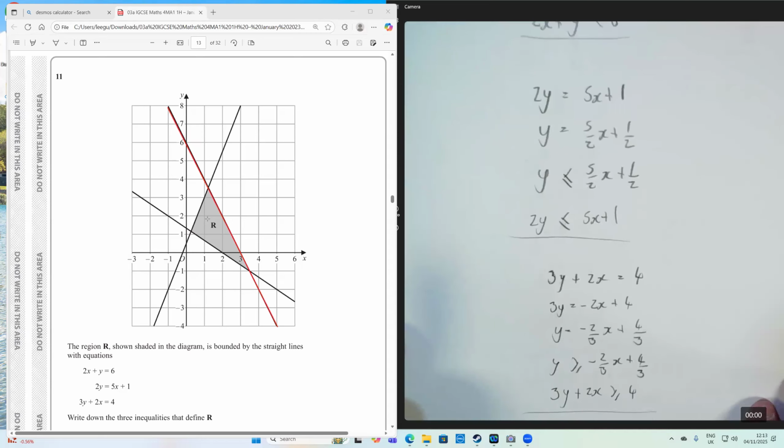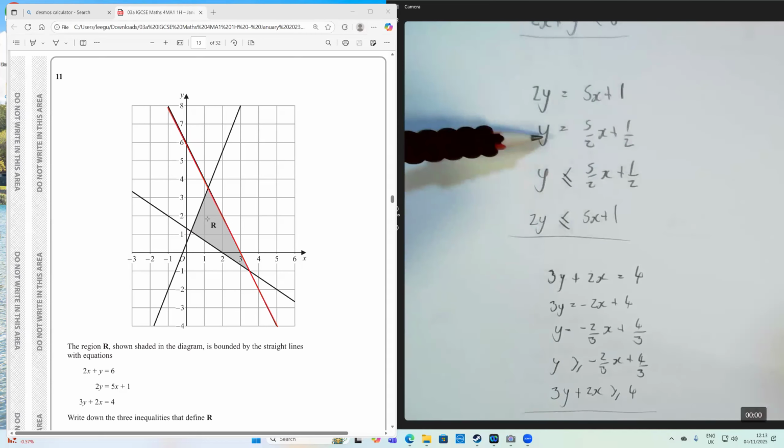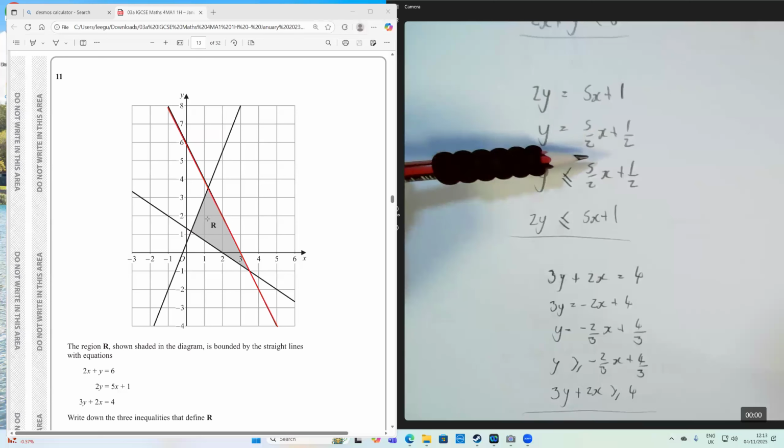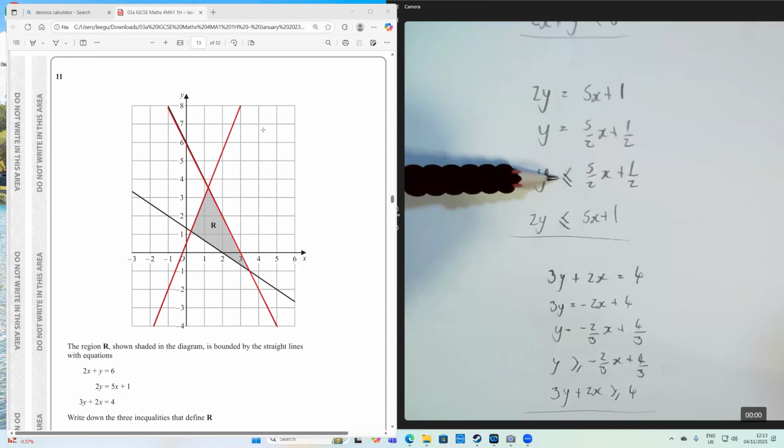Now, the next line, 2y equals 5x add 1. So here I divided by 2, and that gave me y is equal to 5 over 2 x add a half. I looked to see which line that's going to correspond to. We've got a positive gradient, and we're going through a half, okay? So that looks like it's going to be this line that I'm now indicating here, because we're going through a half and we've got a positive gradient.